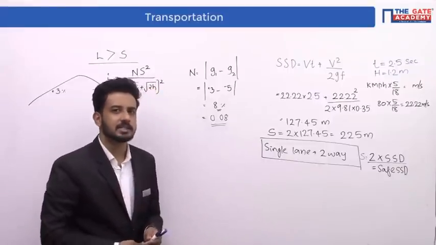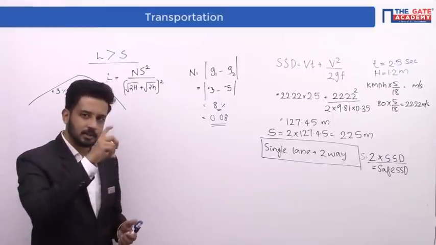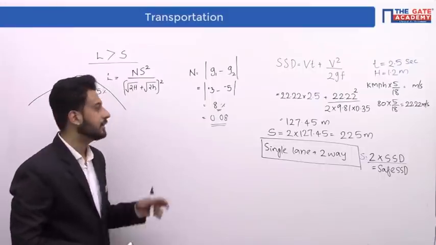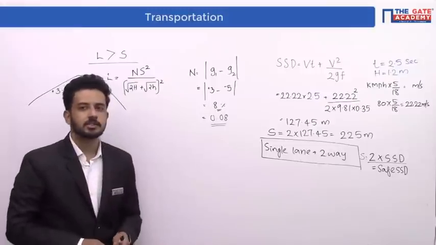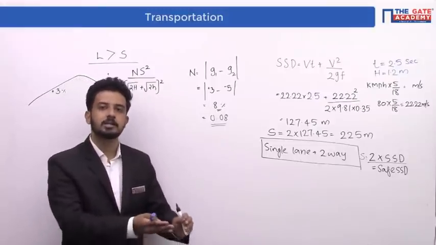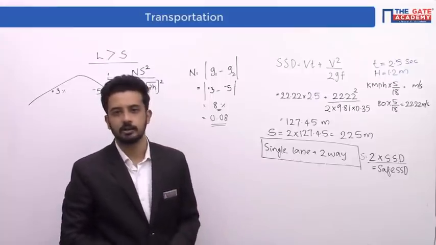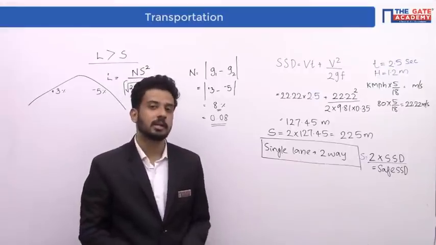So IRC says that we will stop our vehicle only if the obstruction is having some particular height. That height is denoted as small h. It is the minimum height of the obstruction so that we will stop our vehicle. Whether they have given any value in the question? No, they will not give. Why?